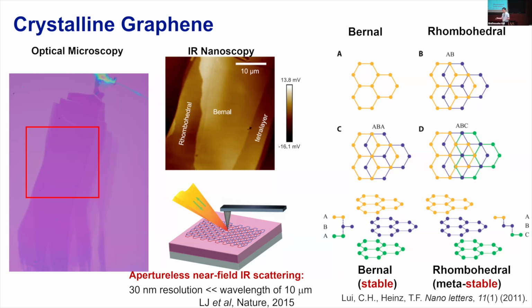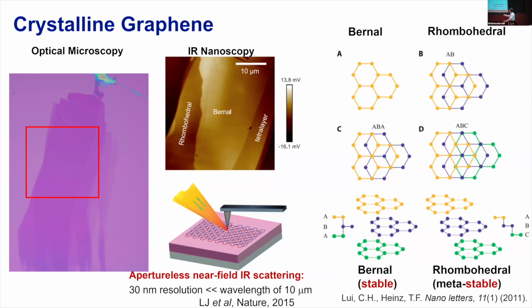They both exist in graphite. Bernal stacking corresponds to the so-called AB, AB, AB stacking, where you take alternate positions when you stack layers on top of each other. This is the most stable form of graphite, and about 80% of the volume of graphite will be in this Bernal stacking.